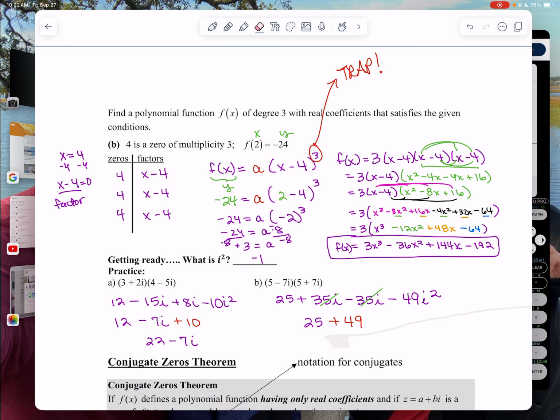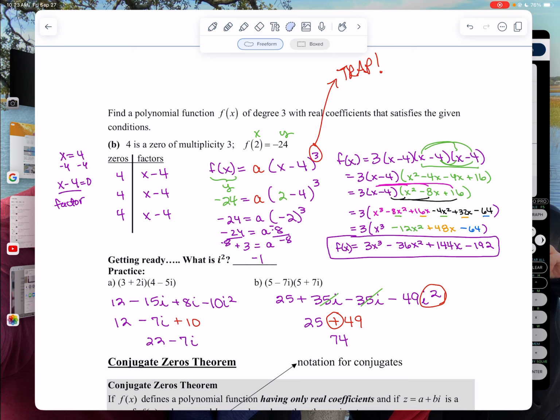So I then get 25, and I'm going to change that to plus 49 because, again, this I squared is going to turn into a -1, which just changes that to a positive 49. So then when we add those together, we get 74. So notice the really cool thing.